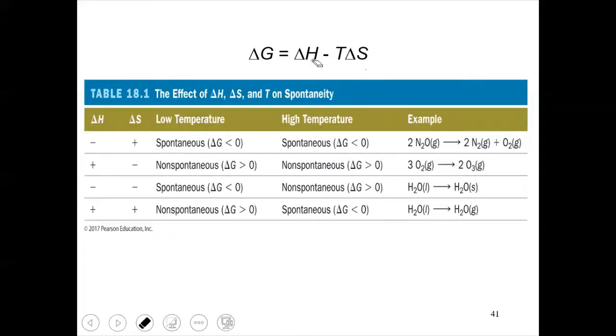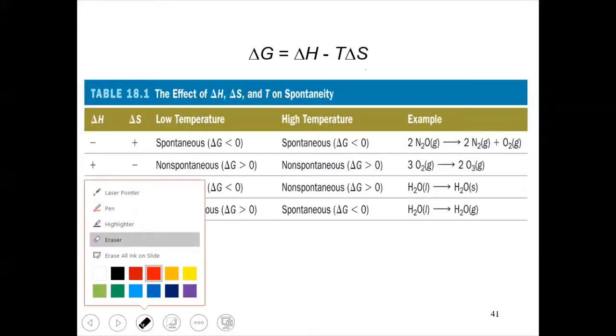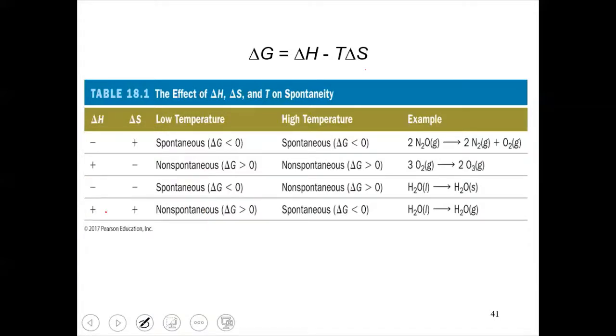Now, let's go to the third scenario, and now we're going to encounter some interesting issues here. What if both delta H and delta S are negative? Notice that delta H being negative is fine.